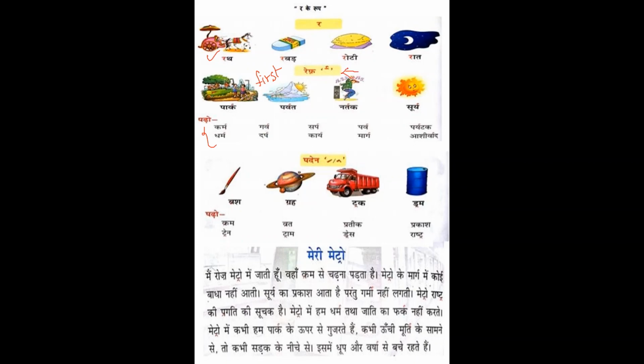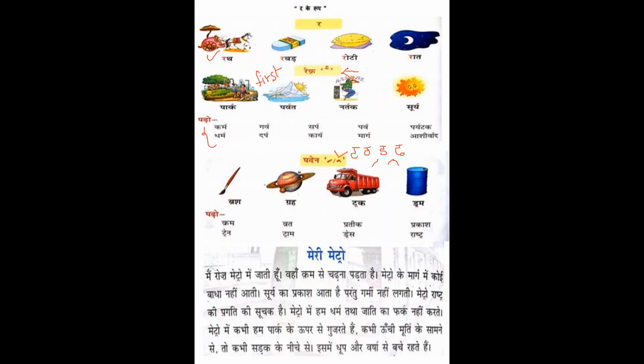For ta, ta, da, da alone you will use this, as we saw in the previous slide. First the vyanjan sound, then the ra sound. Brush: first the vyanjan sound, then only the ra sound; the ra sound is at the last. Grah. T, ra, truck. D, ra, drum. Crumb. Train.